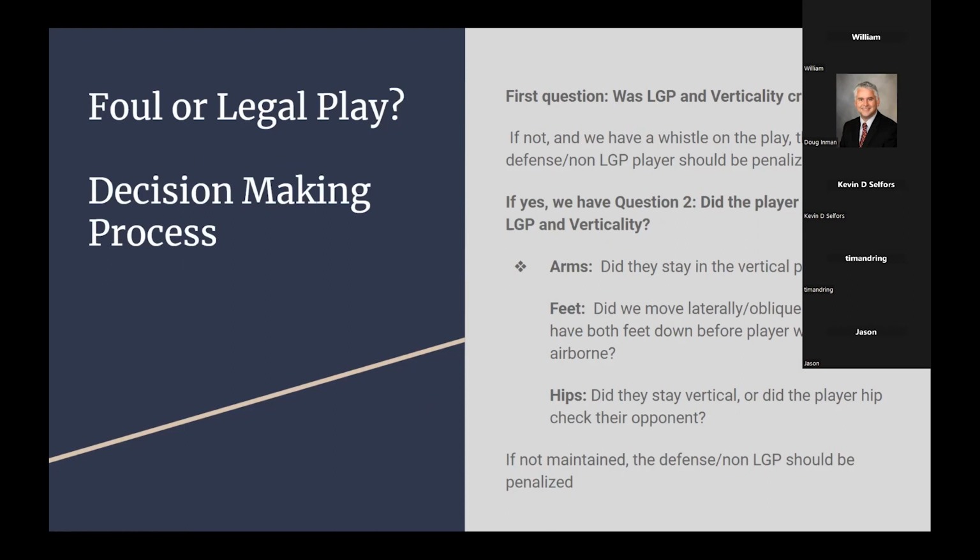I think Royce is on here as well, some other veterans, Doug, where you're watching now the players jockey for position prior to that rebound. And you'll see somebody maybe put a hand on a shoulder and go up with the other hand. So they're holding somebody down, or hook up underneath. And then when they go up for the rebound, they're pulling that other arm with them. They're trying to draw that foul.